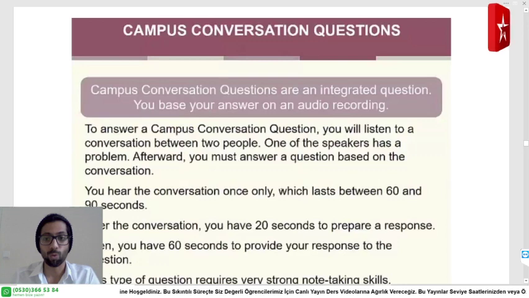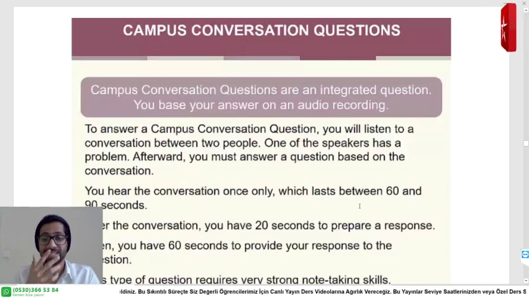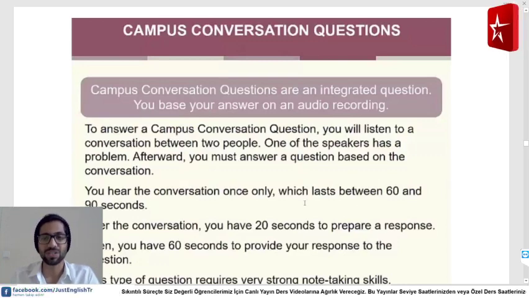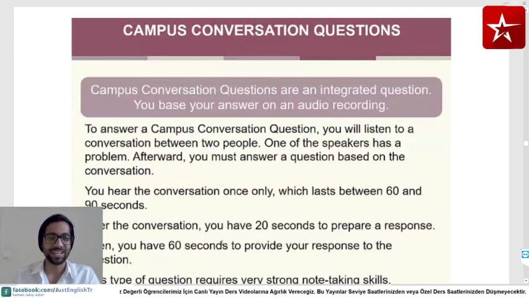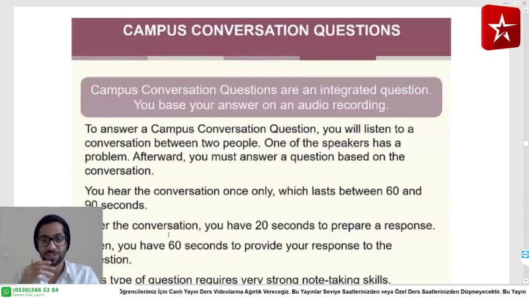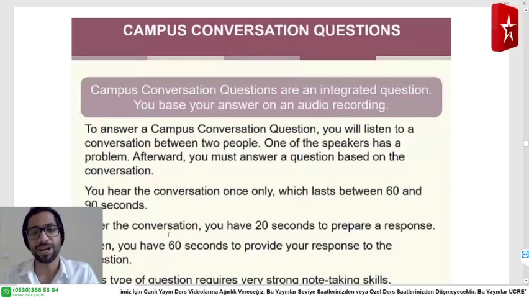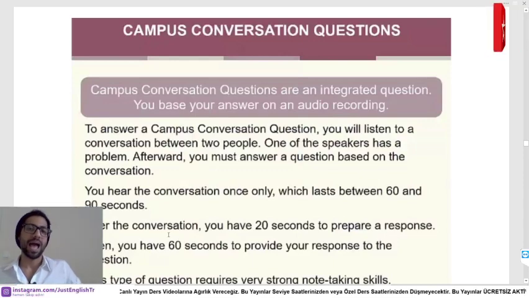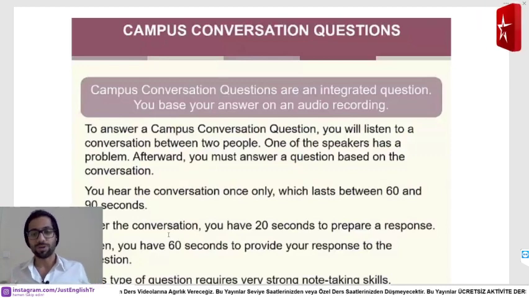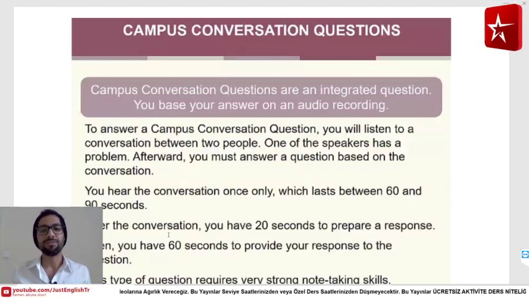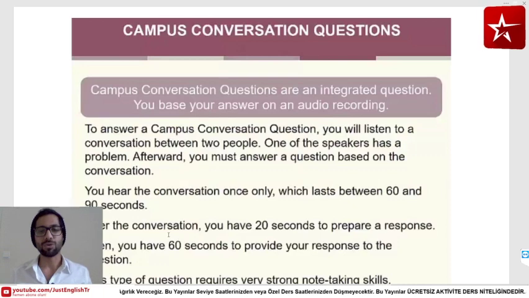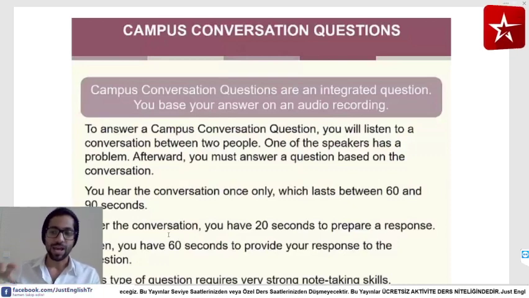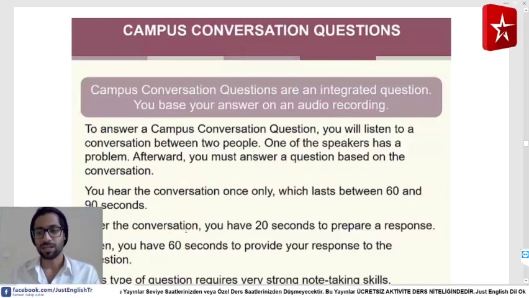You will hear one time a conversation between 60 and 90 seconds, unbelievable, minutes, oh my god, 60 and 90 seconds. After the conversation, 20 seconds for preparation and 60 seconds for answering that question. However, you will have a package of information from your notes and also from the listening that you will get.